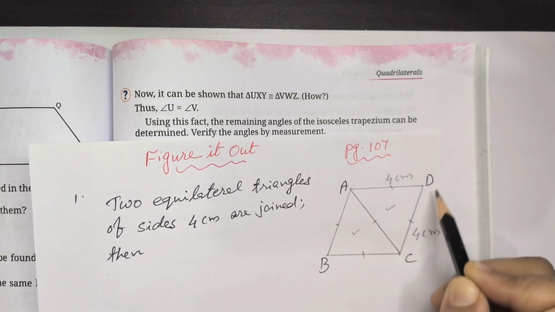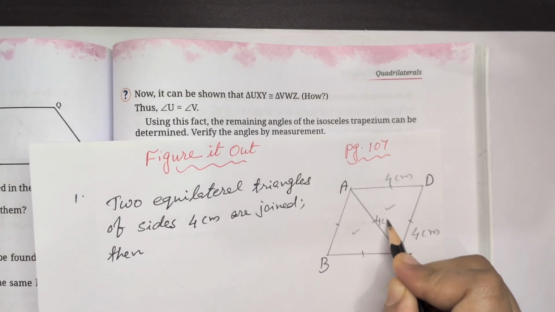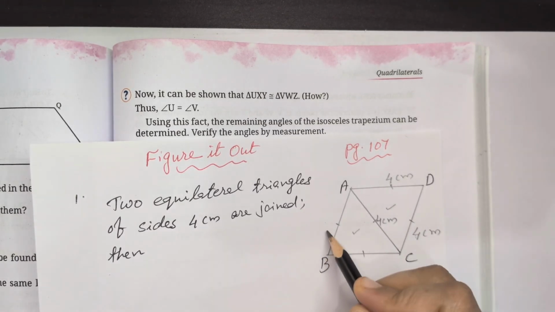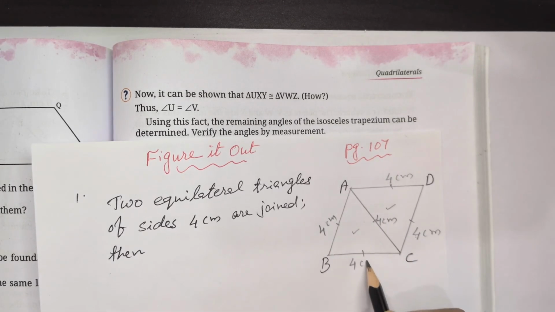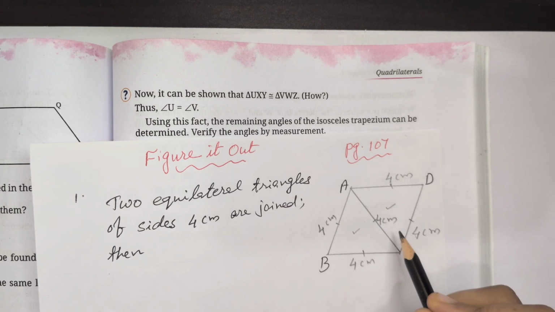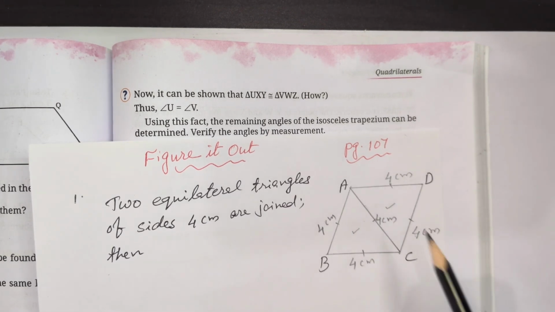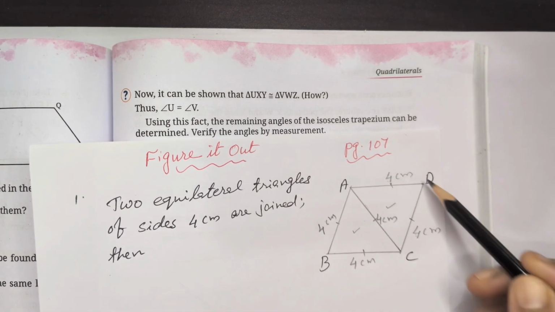So for this triangle, 4 centimeter, 4 centimeter, this also 4 centimeter. In the same way, in the second equilateral triangle, this side 4 centimeter, here 4 centimeter, again this side 4 centimeter. When we join, we get the shape like this. Here we can see all 4 sides are equal.